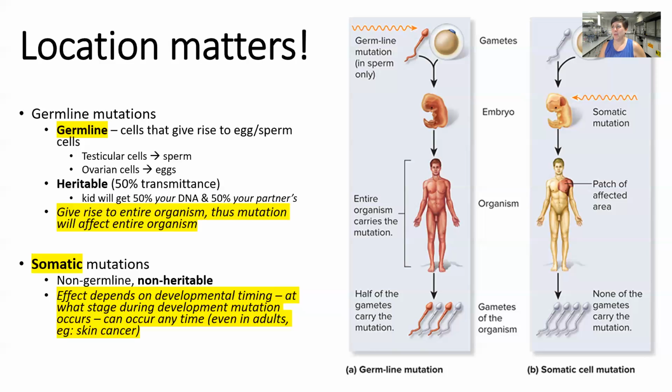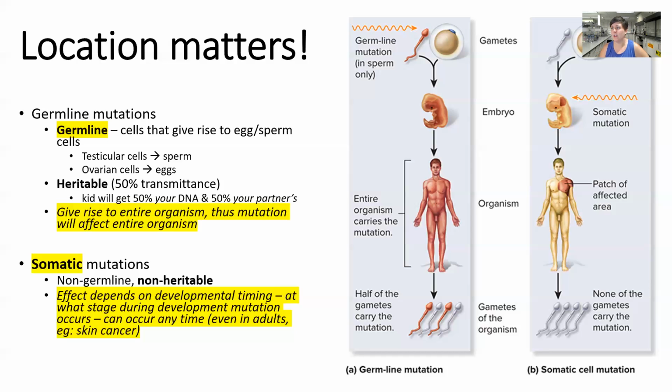Whereas somatic mutations are not heritable because they're not taking place in cells that are inherited by offspring, but also their effect on the organism completely depends on what cell they're taking place in. Is it a stem cell or is it like a terminally differentiated cell, like a skin cell? And also at what point during differentiation it's occurring.